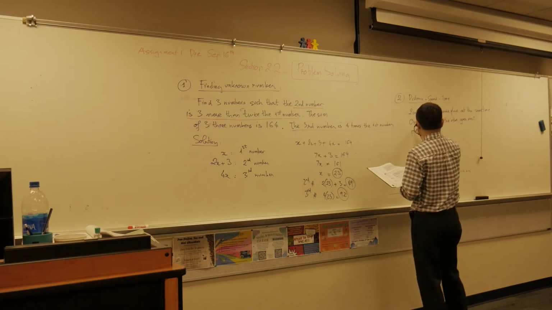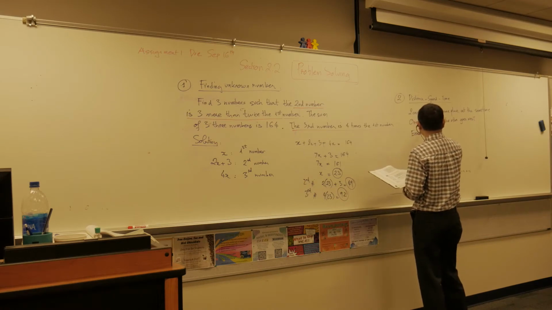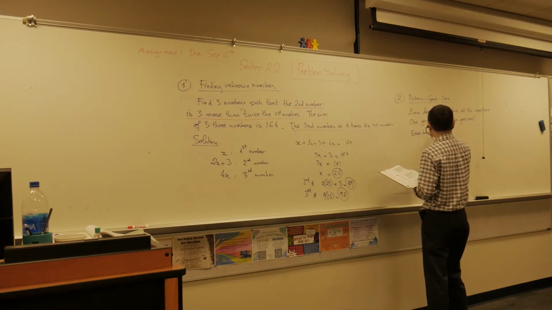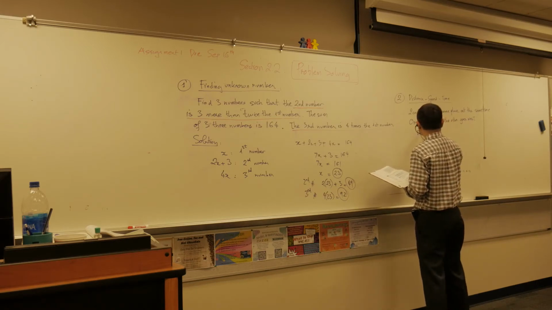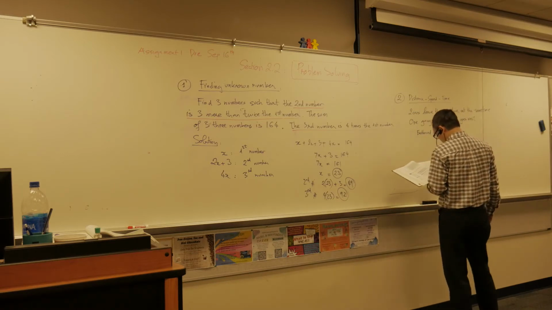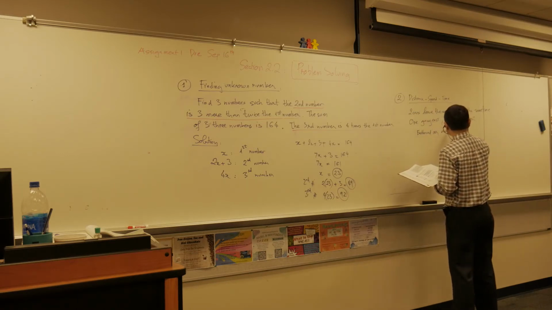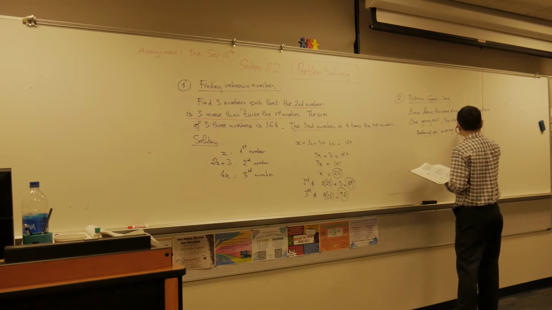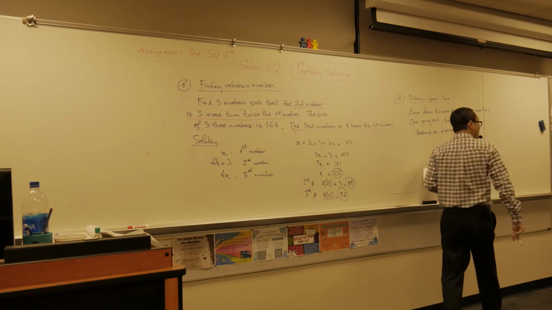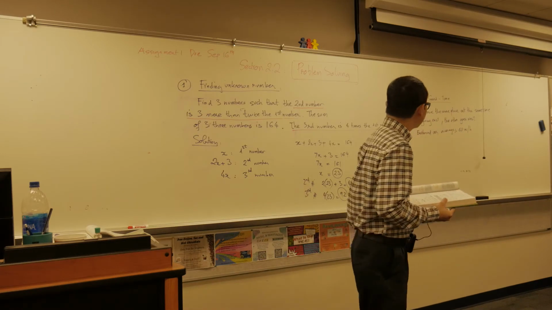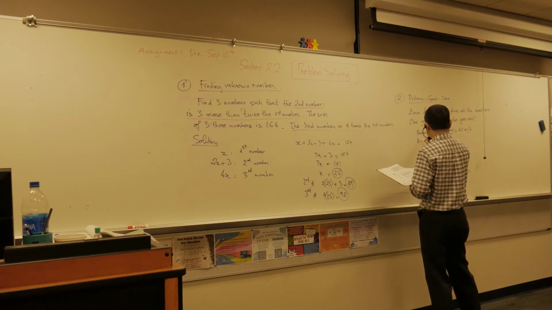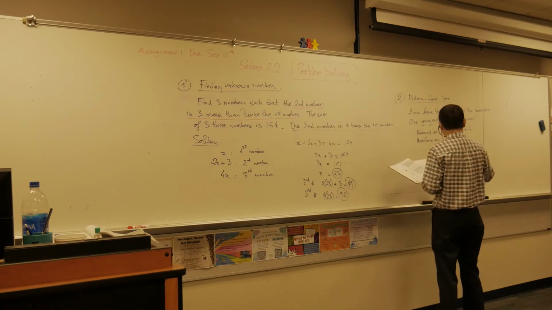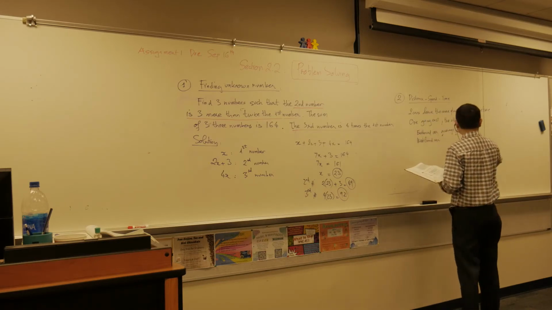The eastbound car averages 40 miles per hour. So they give you the speed of the eastbound car, and they also give you the westbound car's speed: 50 miles per hour.